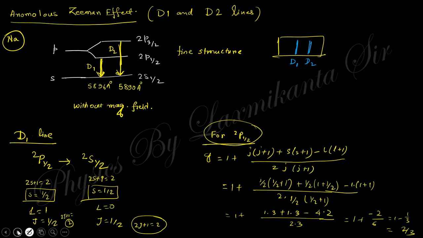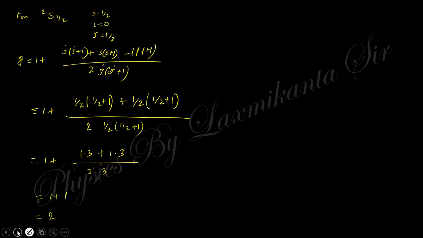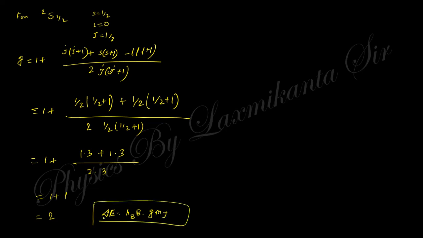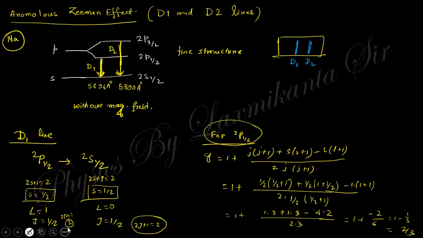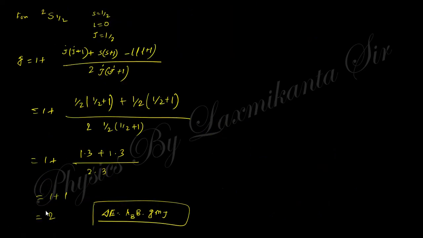Clear? So if you want to write down the energy spectra, delta E is nothing but mu B into g into mj. This is the spectral energy splitting. So there are two splittings here, for this one two splittings and this one also two splittings.